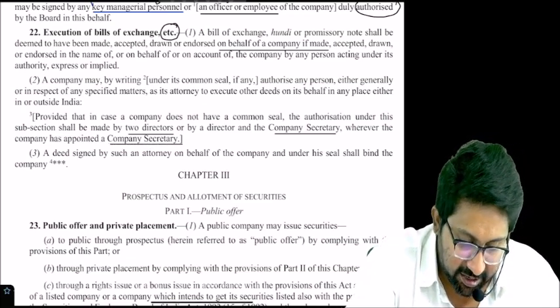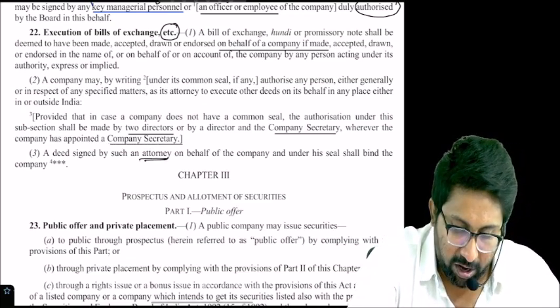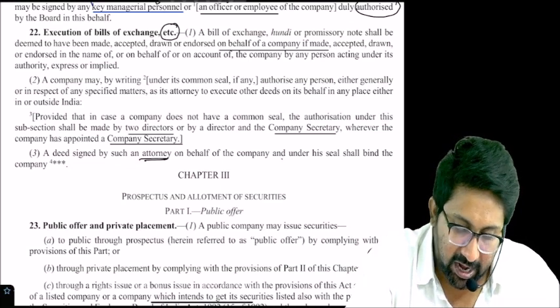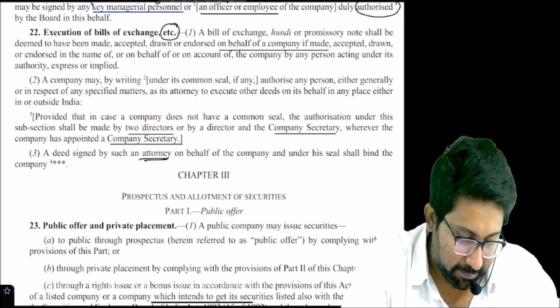A deed signed by such an attorney on behalf of company and under his seal shall bind the company.